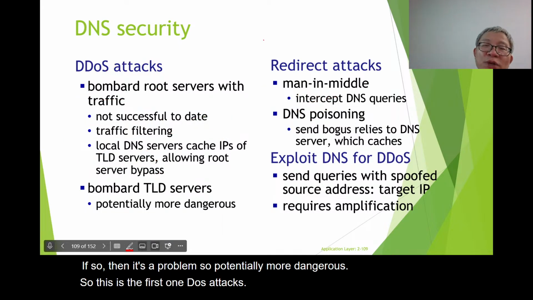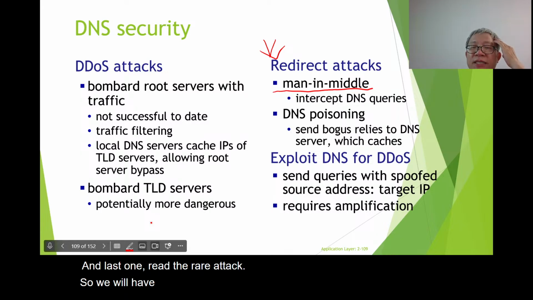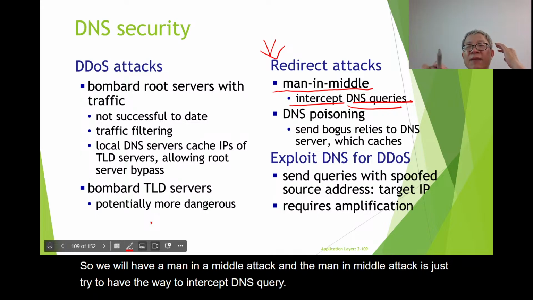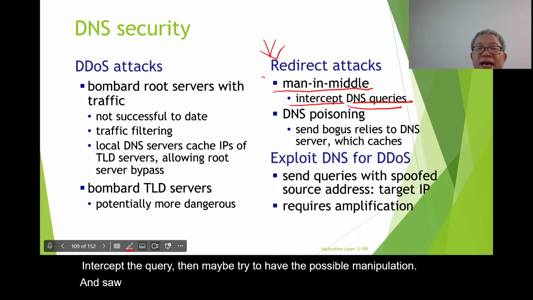And next one, redirect attack. So we will have a man-in-the-middle attack. And the man-in-the-middle attack is just trying to have a way to intercept DNS query. Intercept DNS query, then maybe try to have the possible manipulation. And so that we have this kind of redirect attack.